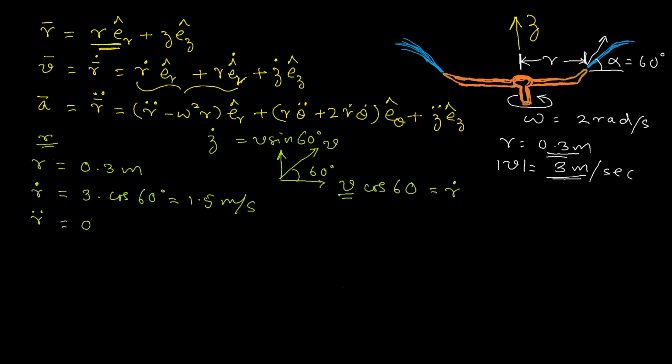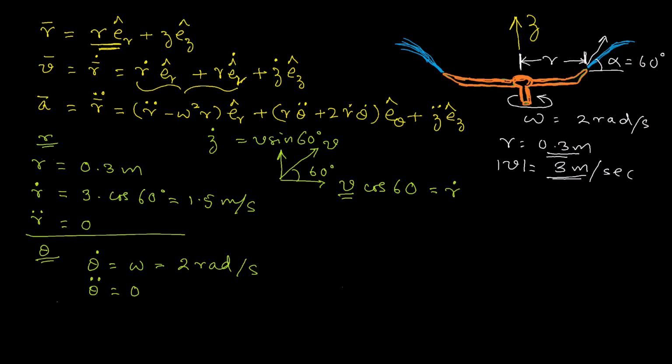Now let's talk about the theta direction. Theta dot is omega, and it's given to be 2 radians per second, and theta double dot is 0 because we are given that there is no angular acceleration of the rotor.